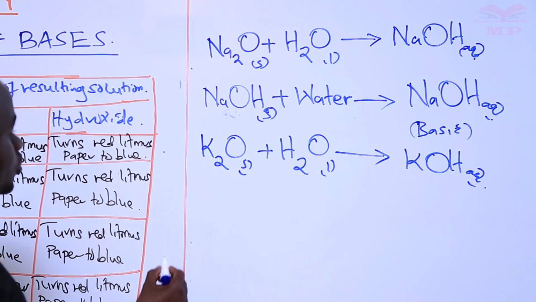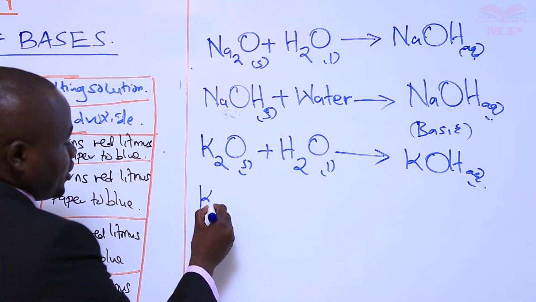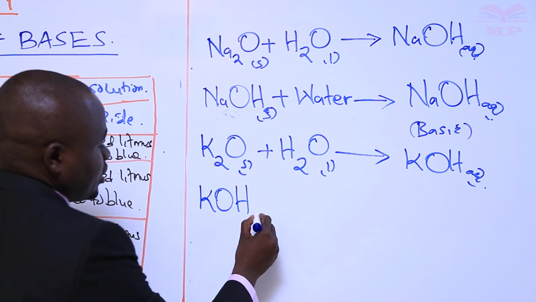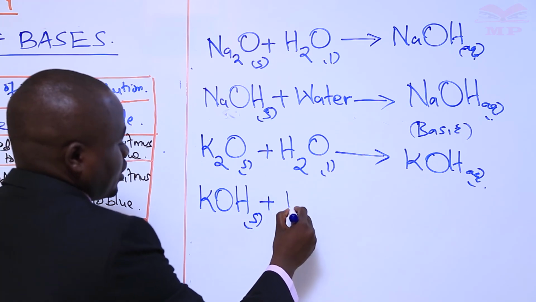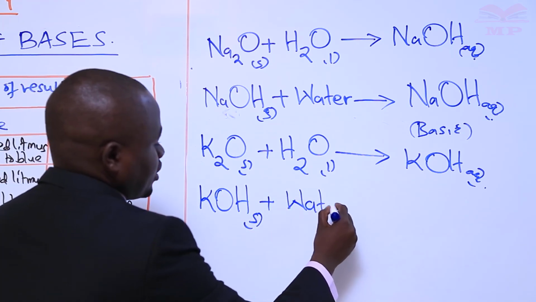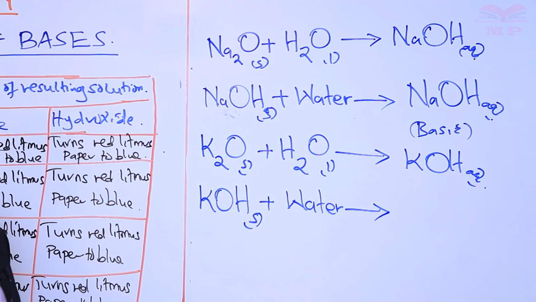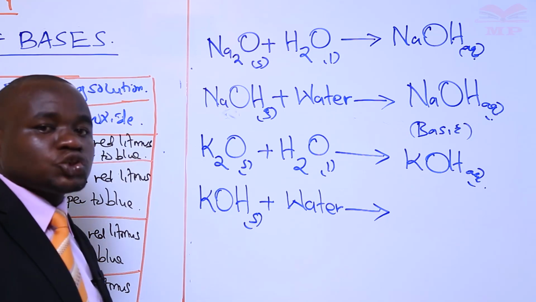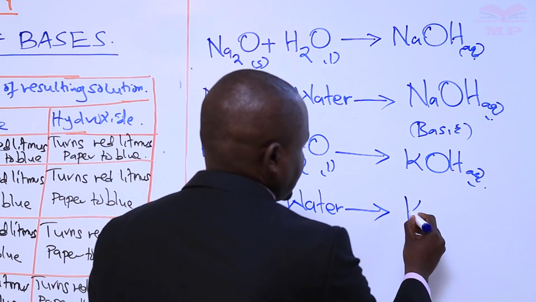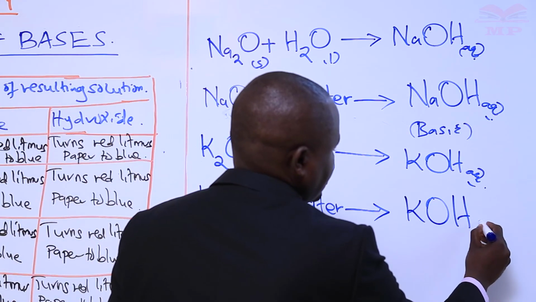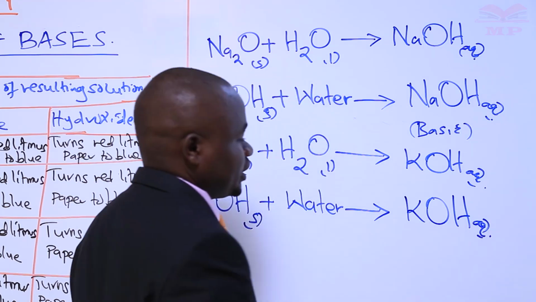The same applies to potassium hydroxide. When it is put in a test tube and mixed with water, the potassium hydroxide will dissolve in water to give us potassium hydroxide solution, which is basic.